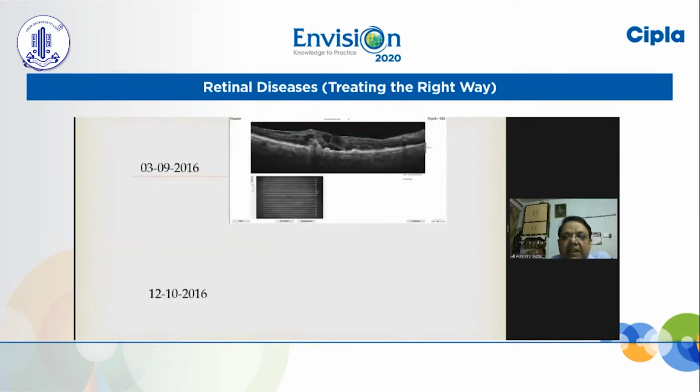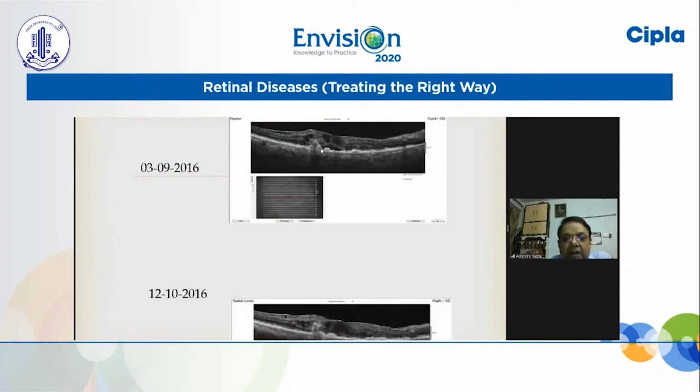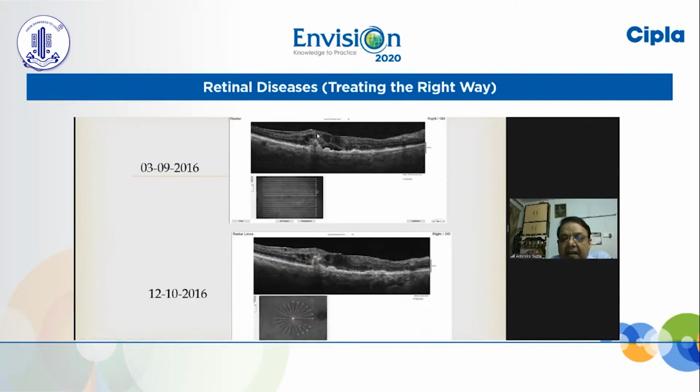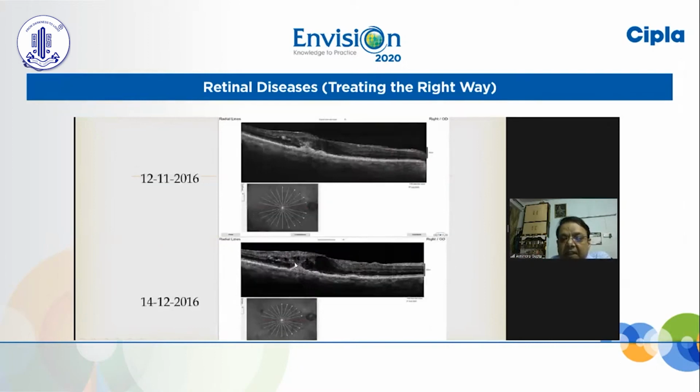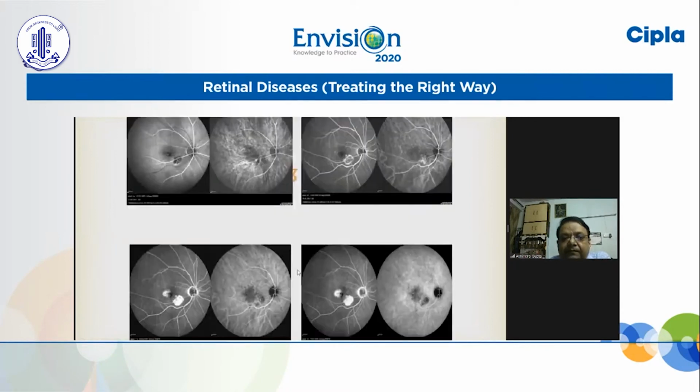Subsequently, I kept on injecting this patient, and you can see on OCT there is a PED which has developed, and there are intraretinal lesions here. You can see this V-shape, and at this stage I realized that this is a RAP lesion, an intraretinal CNVM which is pulling the retinal pigment epithelium, causing an NCNV.